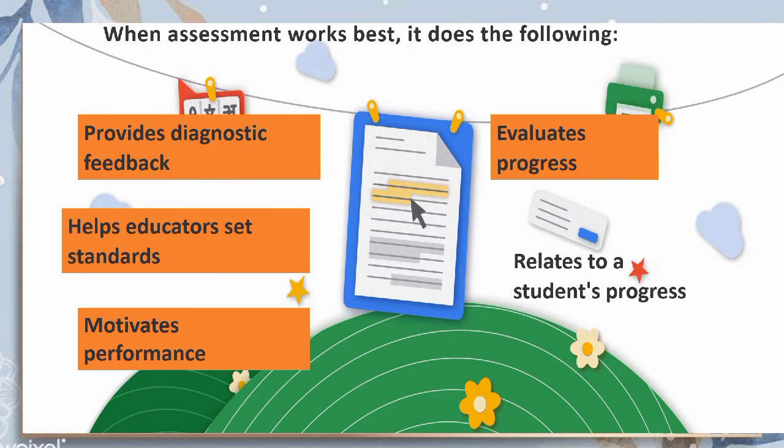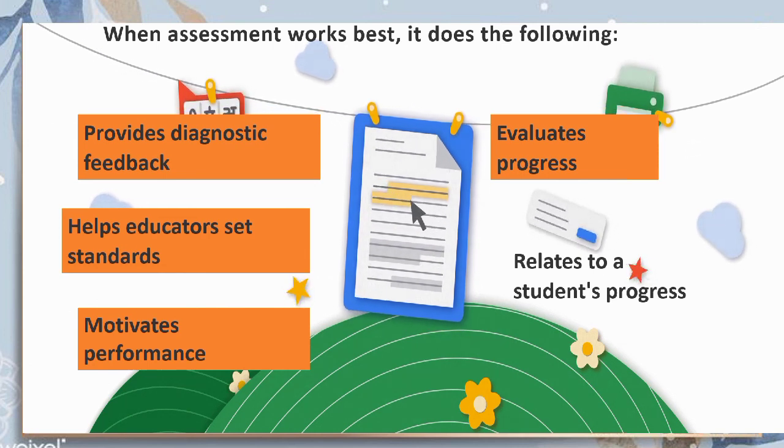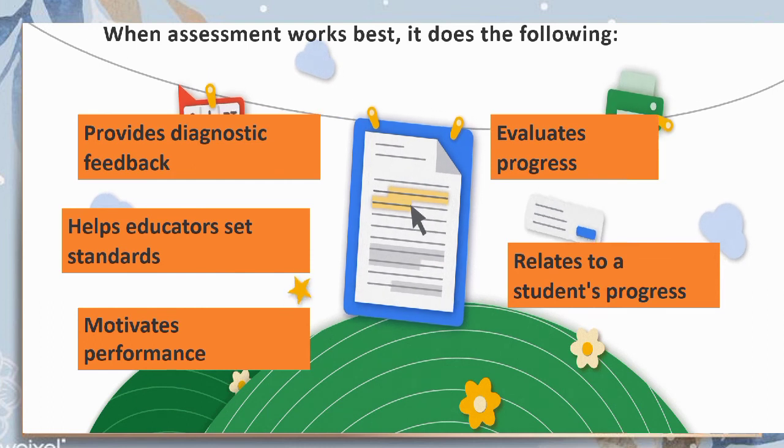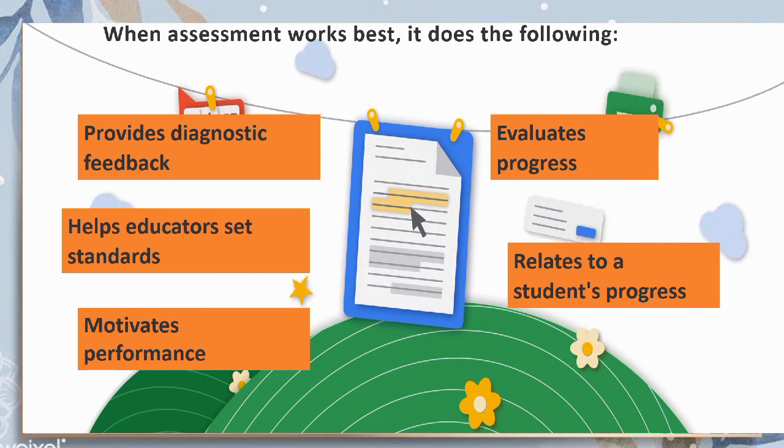This includes how is the student doing, what teaching methods or approaches are most effective, and what changes or modifications to a lesson are needed to help the student. And the last one, to relate a student's progress. You may ask these questions. What has the student learned? Can the student talk about the new knowledge? Can the student demonstrate and use the new skills in other projects?